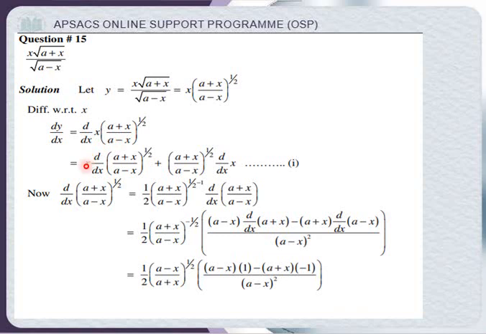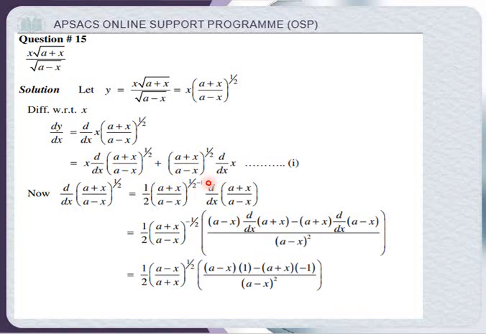U same derivative of v plus v same derivative of u. Now again I have to apply the formula, because this is a power rule. First we write the power at the bottom, decrease the power, derivative under the power.